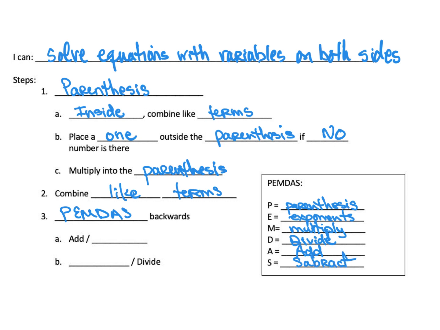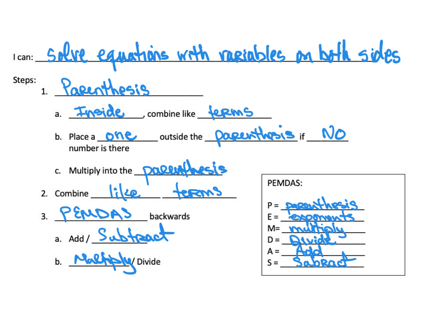So we want to do PEMDAS backwards. We want to look at the addition or subtraction. We want to do those first, and then after that, either multiply or divide after.